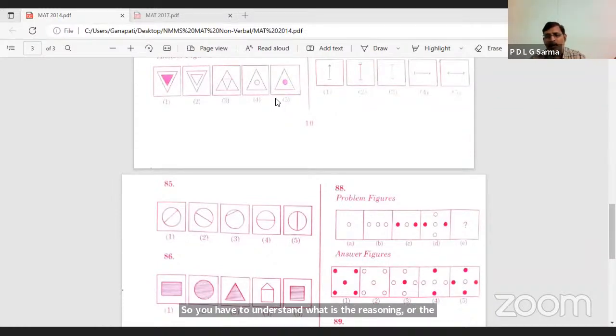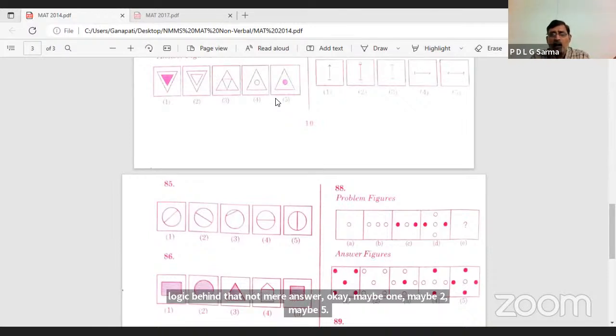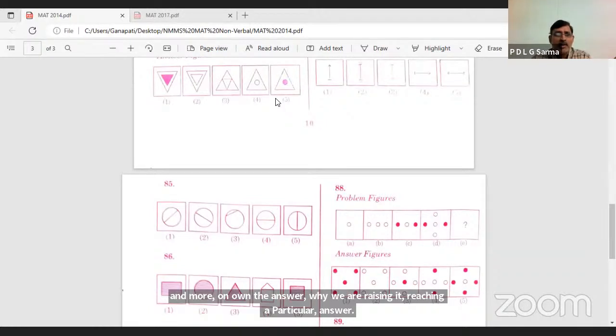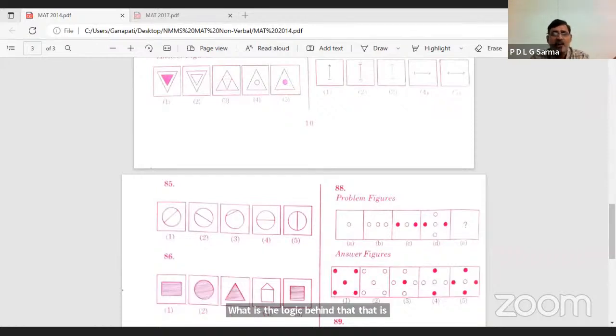Maybe one, maybe two, maybe five. Don't focus more and more on only the answer. Why are we reaching a particular answer? What is the logic behind that? That is more important. The name itself indicates these are reasoning questions. Non-verbal reasoning means reasoning with the help of figures.